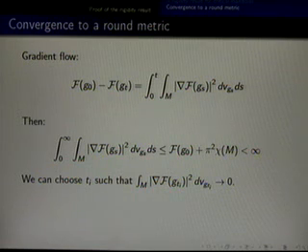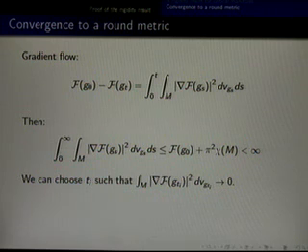So this equality gives you that this is bounded for all t. So this integral here has a finite limit when t goes to infinity.